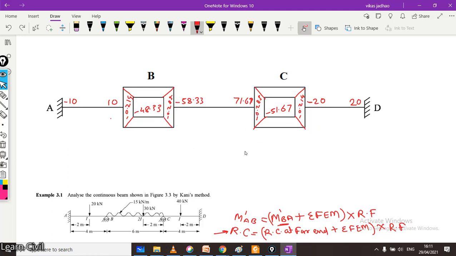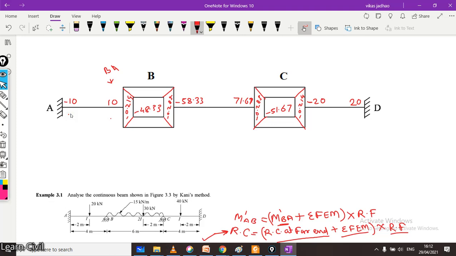So we'll write down the rotation contribution for BA here. The formula for calculating the rotation contribution at any end is equal to rotation contribution at far end plus fixed end moment at that particular joint multiplied by rotation factor. So the rotation contribution for BA will be equal to rotation contribution for AB.